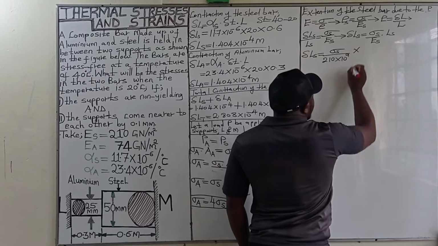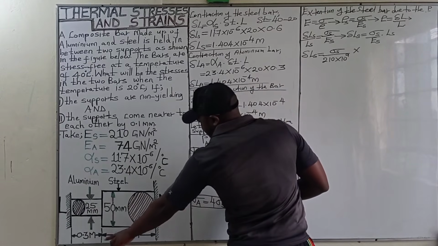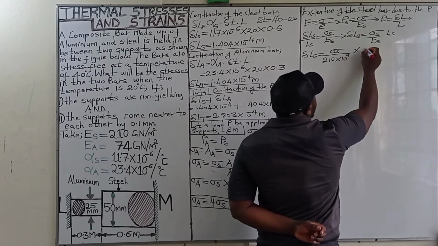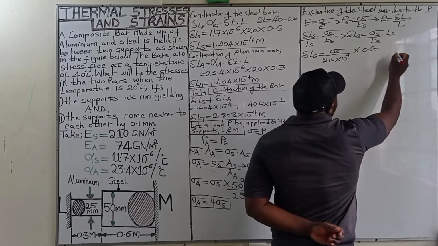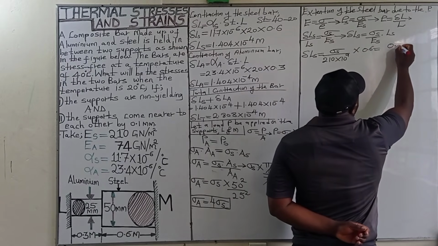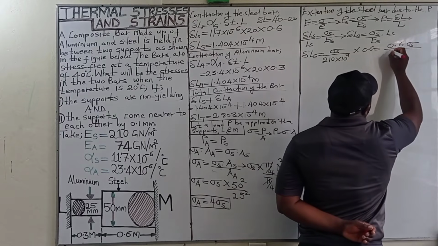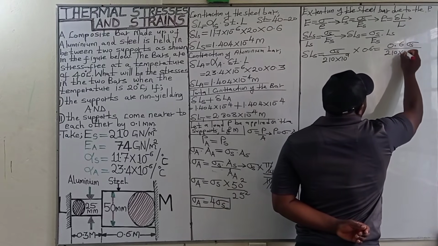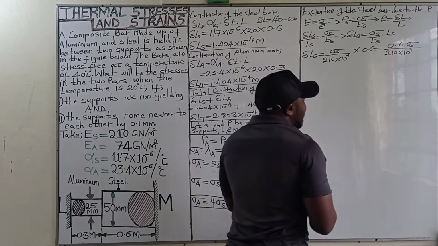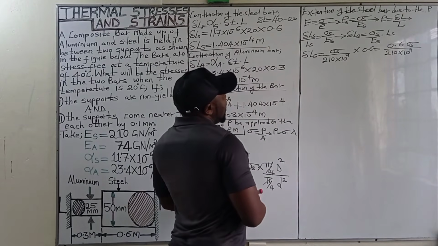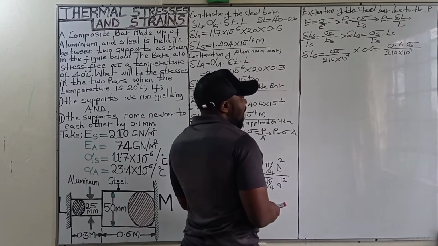Then we multiply this by the length of the steel bar, 0.6 meters. And this will be equal to 0.6 stress in steel divided by 210 times 10 raised to the power of 9. So that is the extension of the steel bar.